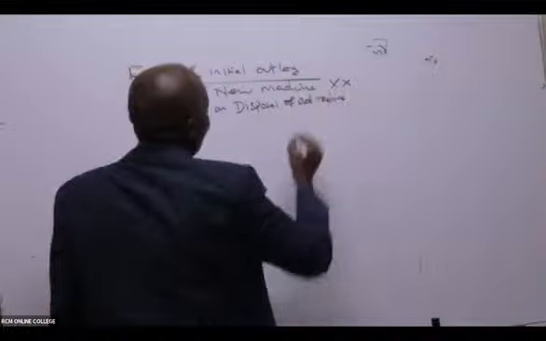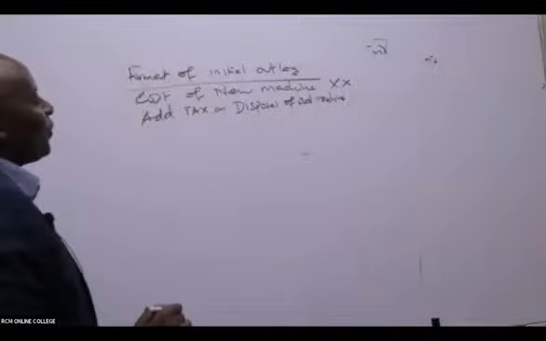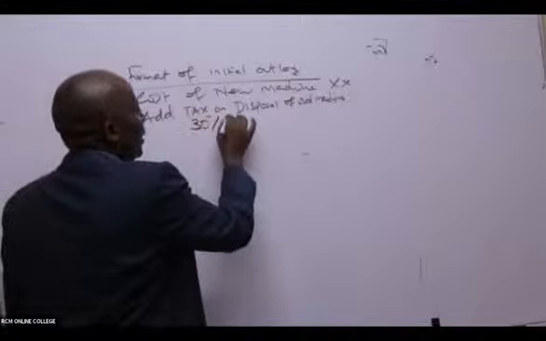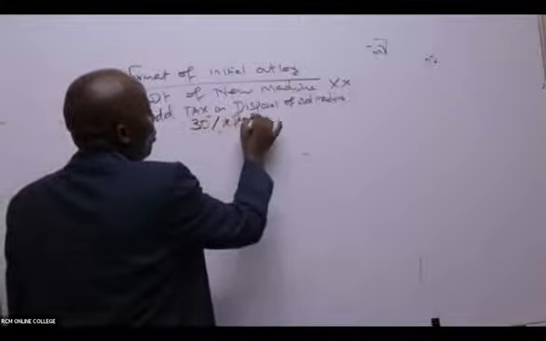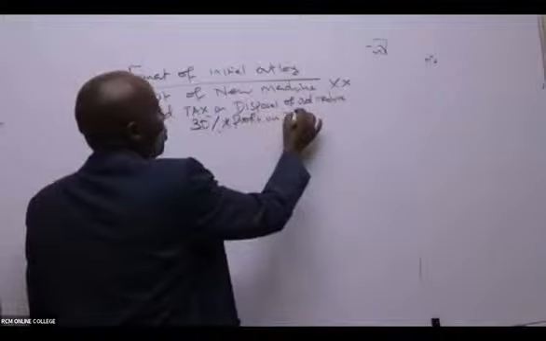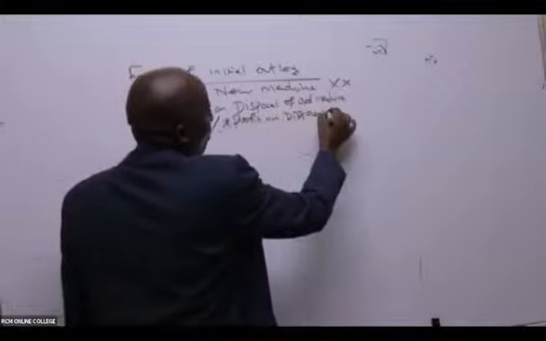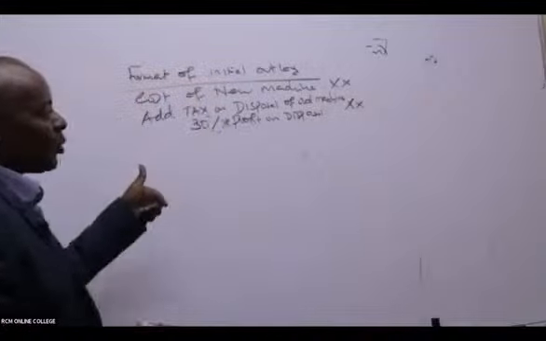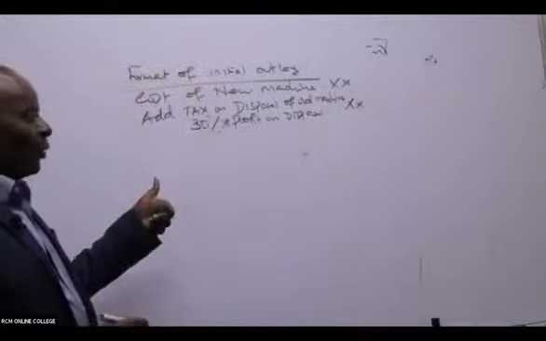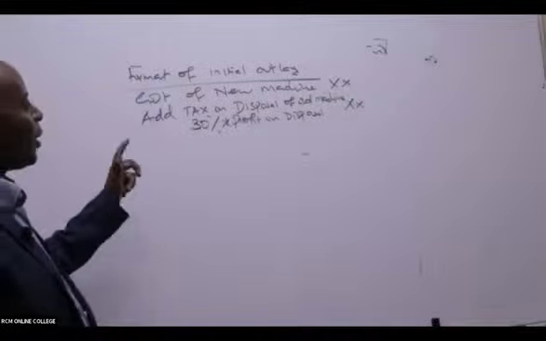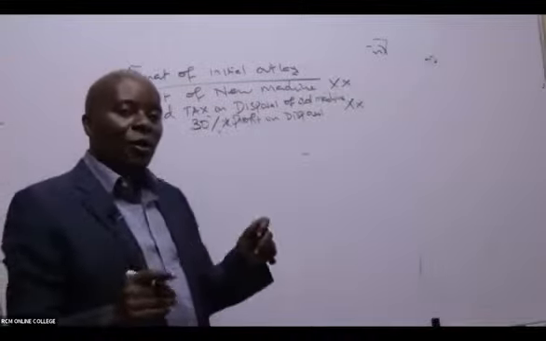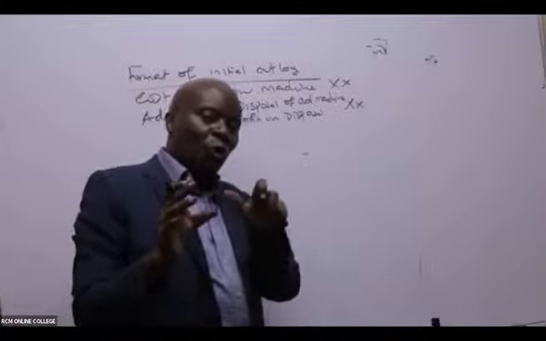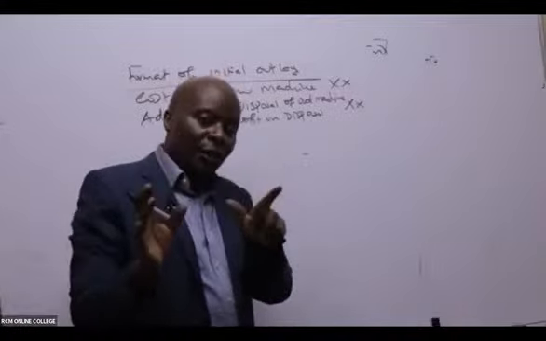Basically, we'll take the rate of tax, which perhaps would be 30%, times profit on disposal of old machine. You add. Of course, if it's a loss, you subtract. But in most cases, it will be a gain. If it's a gain, you'll be told, hey, you sold the old machine, give us something. So that will have to go to your initial cost.